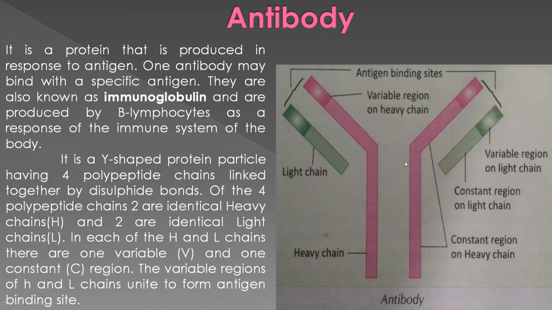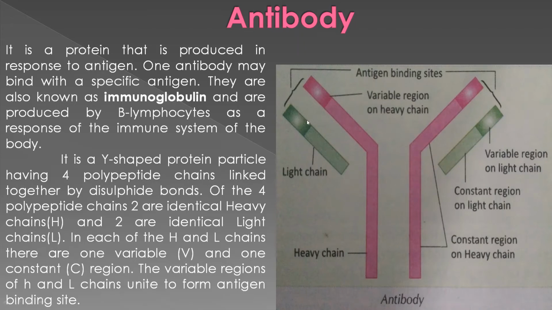Clear? In each of the heavy and light chains, there is one variable region and one constant region. In both the light and the heavy chains, there are 2 regions.